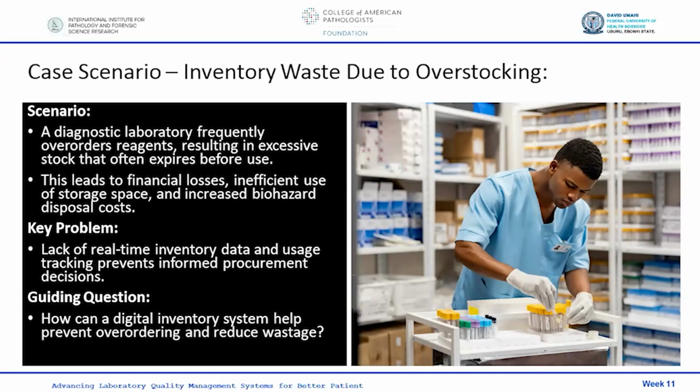So the key challenge here is that there is a lack of real-time inventory data and usage tracking, which is preventing informed procurement decisions. Now, the guiding question here is, how can a digital inventory system help prevent over-ordering and reduce wastage?